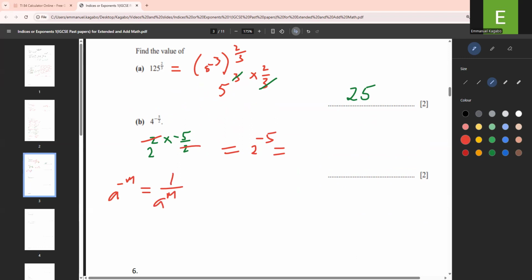So very important. Okay, very good. Can I continue? Now, this one also can be written as 1 over 2 power 5.